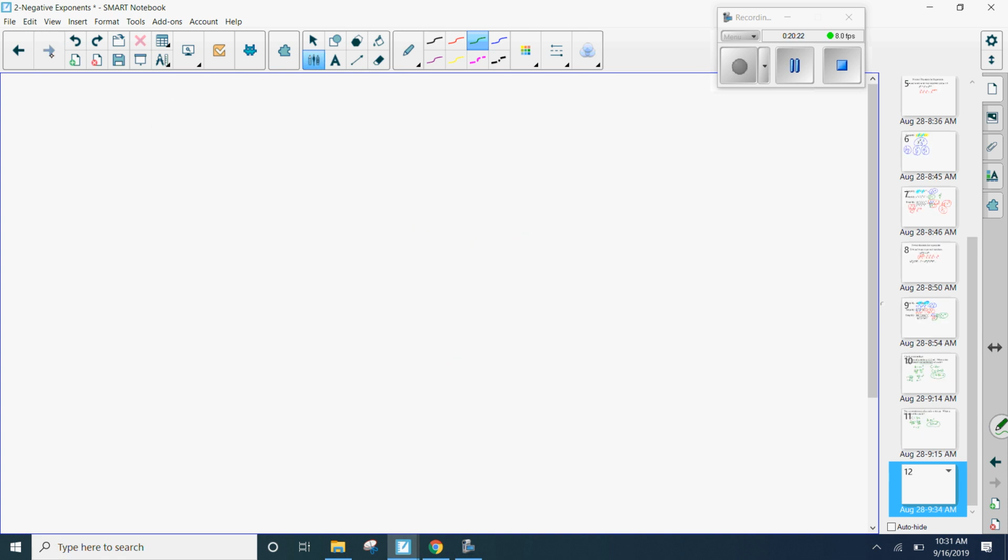What I need you to do as an exit ticket is look at, you can just use scratch paper if you would like, your exit ticket is page 29.